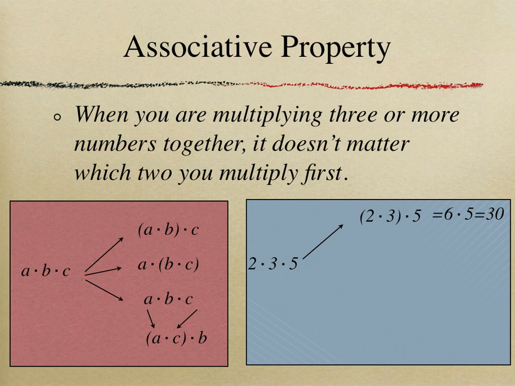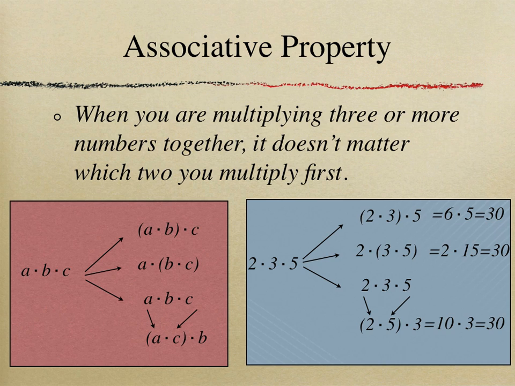Next, let's try multiplying the 3 and the 5 together first. 3 times 5 is 15, so we have 2 times 15, and that's also 30. Last, let's switch these around so that we have 2 times 5 first, that's 10, and multiply that by 3, and sure enough, we still get 30. Notice that no matter which 2 numbers we multiplied together first, our answer didn't change.